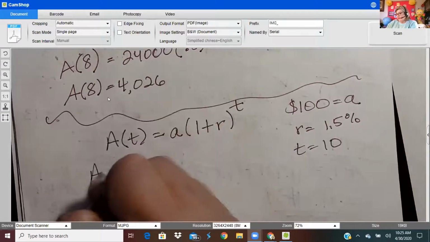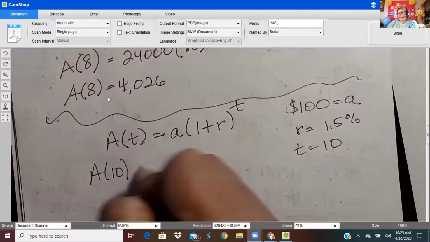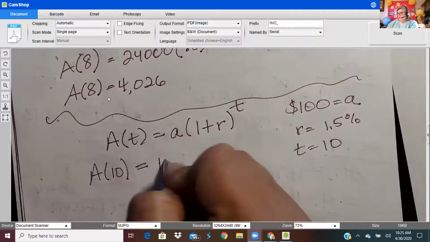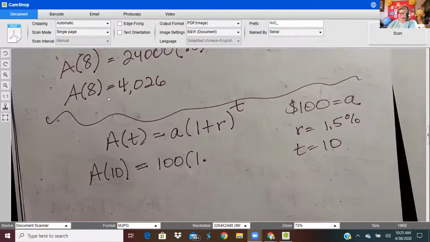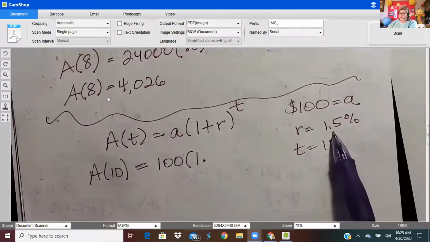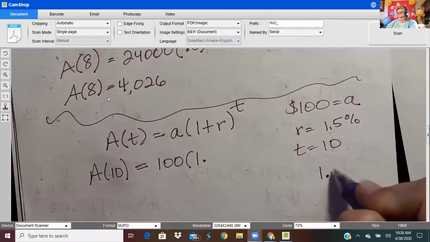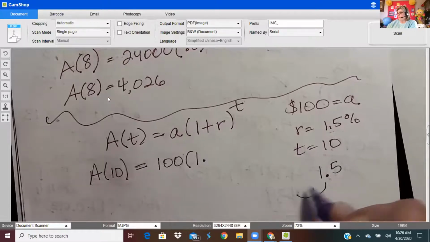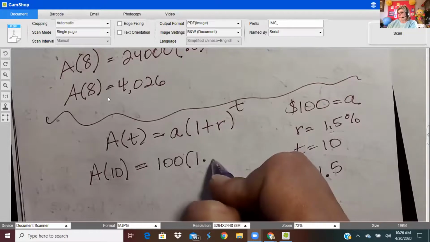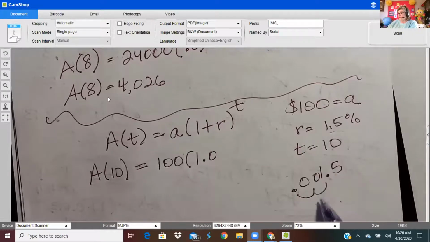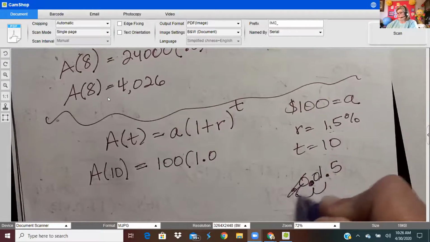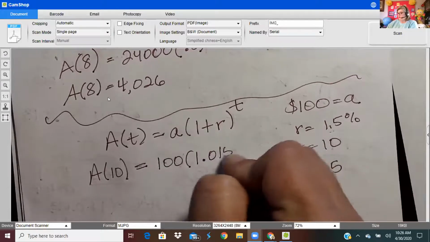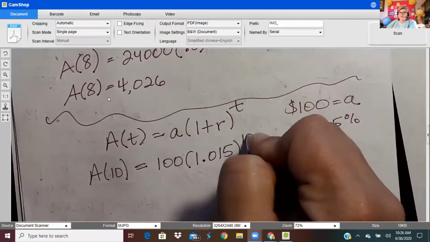So we've got A of 10 is equal to 100 times 1 point, convert this to a decimal, 1.5 moves over 2, you get 0.015 right there, raised to the 10.